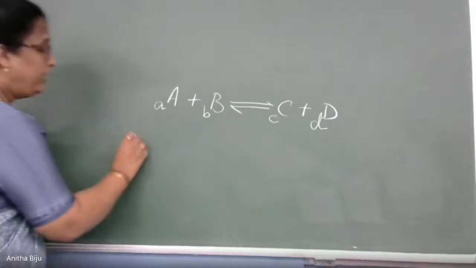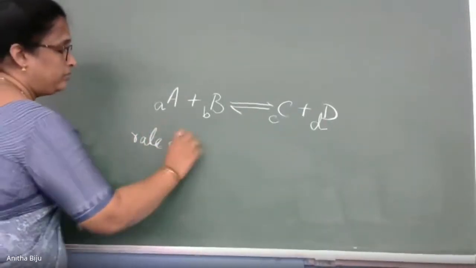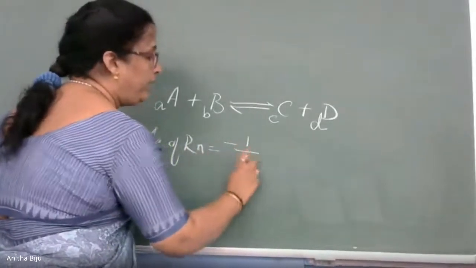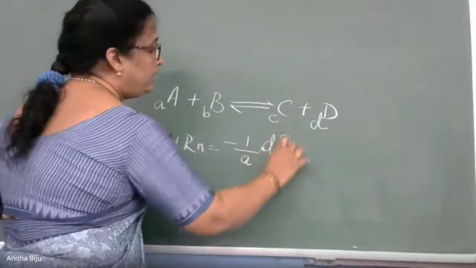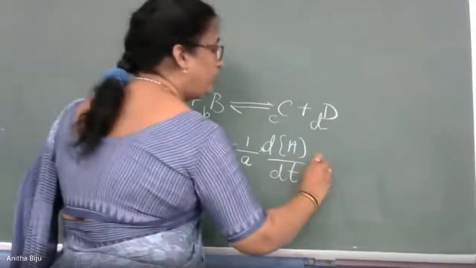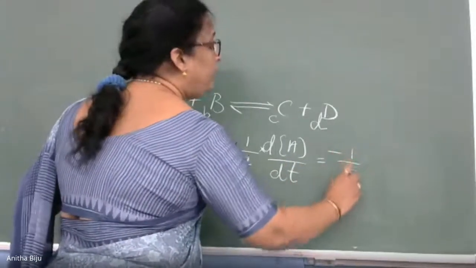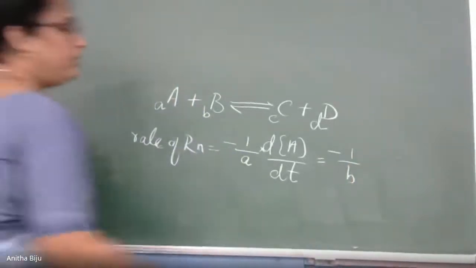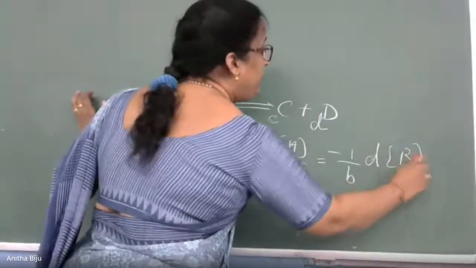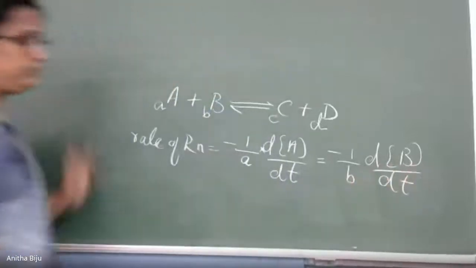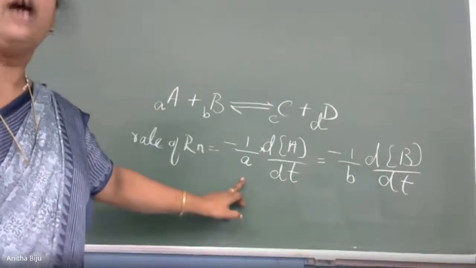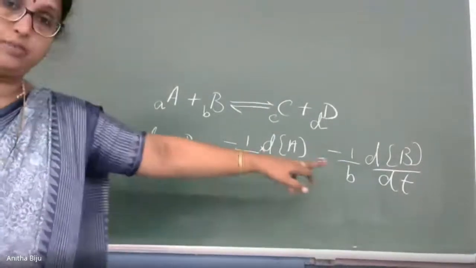Rate of the reaction is equal to minus 1 upon a into dA by dt, or it is also equal to minus 1 upon b into dB upon dt. Very simple: the reciprocal of the coefficient associated with the species.